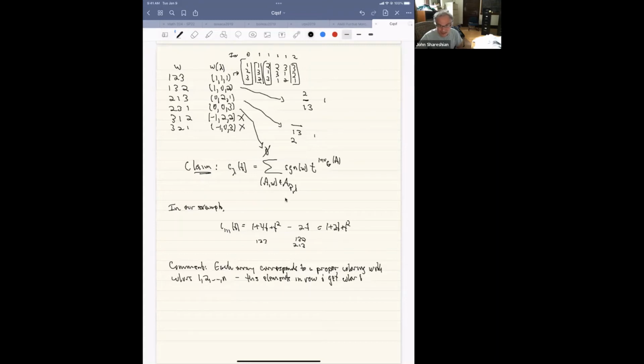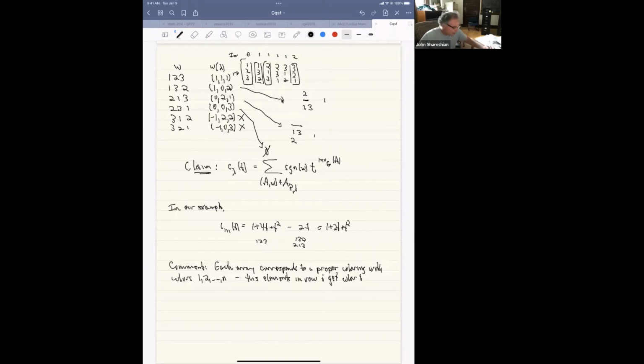So the idea is to get an involution on this set, right, which only fixes the tableau, these things here, right, and then is inversion preserving and sign reversing on the remaining arrays, right? That's basically the story.